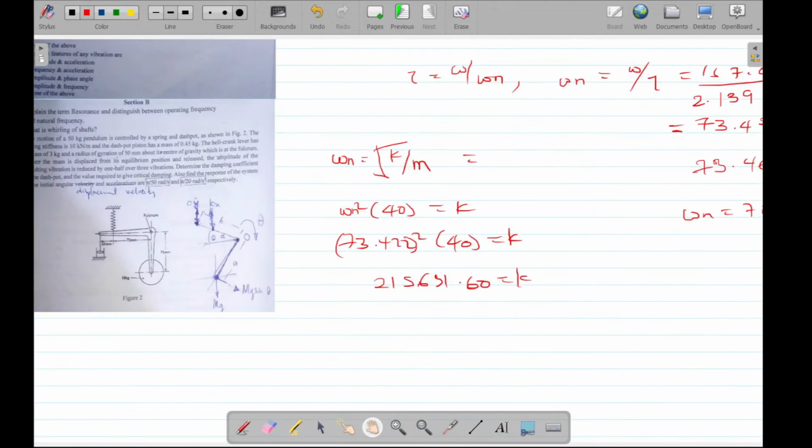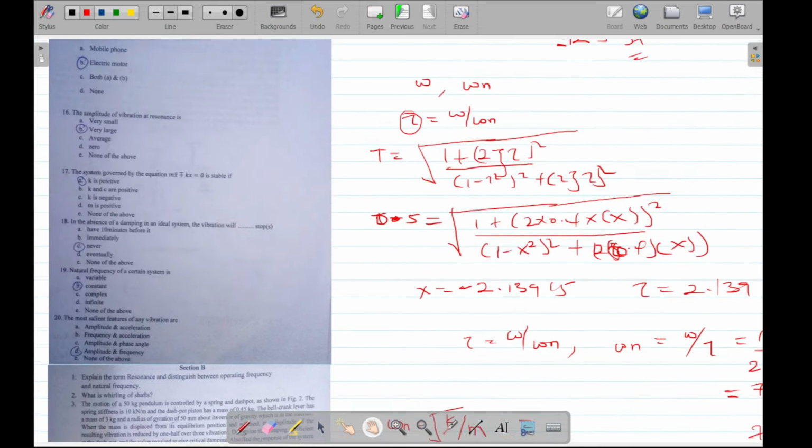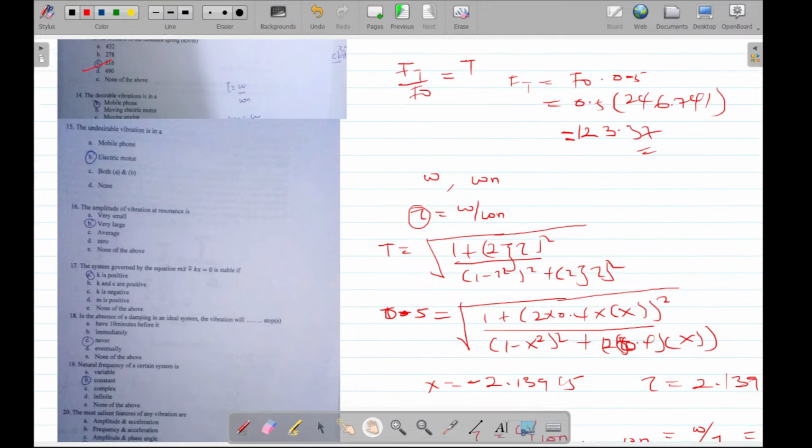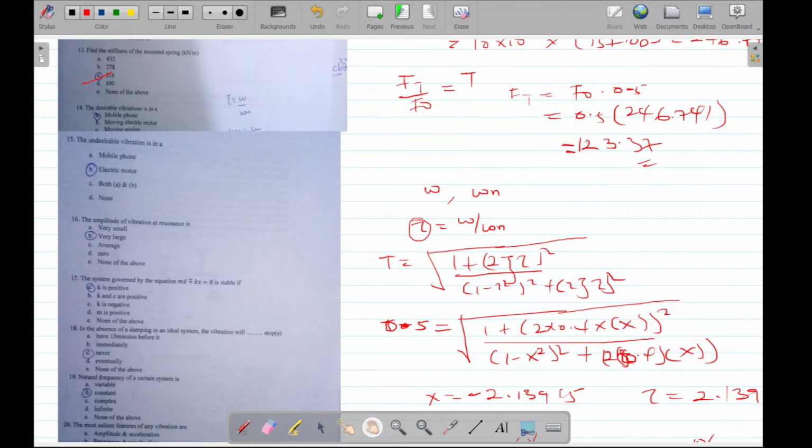If you run it, this is 215,631, so if you round it, that would be 216 times 10 power 3 Newton per meter. Okay, so that is that, and the next are some common basic questions.